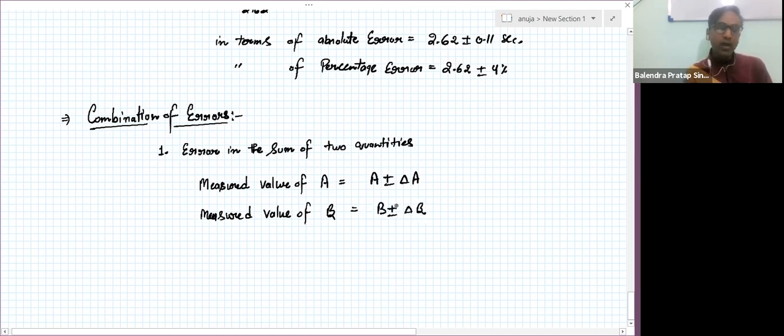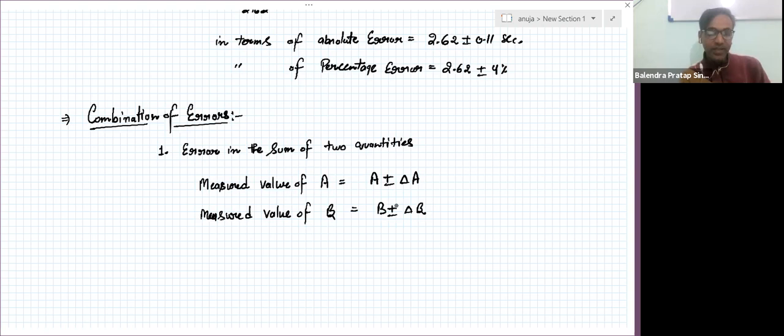Suppose a body has a certain temperature T1 plus minus delta T1, and another body has temperature T2 plus minus delta T2.